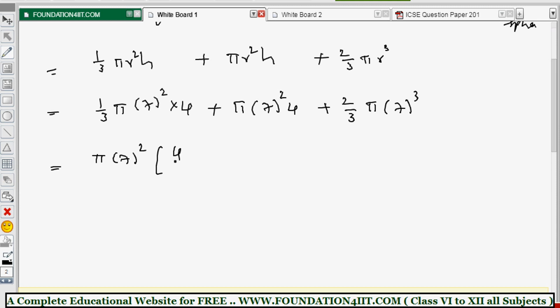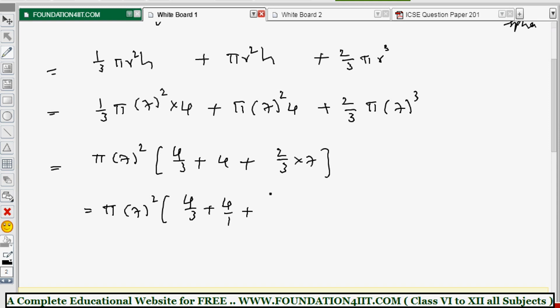Then here 4 by 3, and 4, and 2 by 3 into 1 more 7 is left. So pi 7 square times 4 by 3 plus 4 by 1 plus 14 by 3.